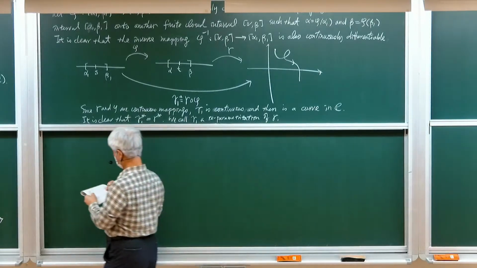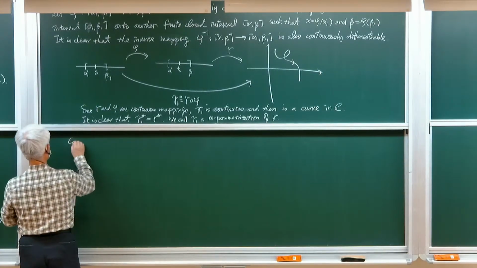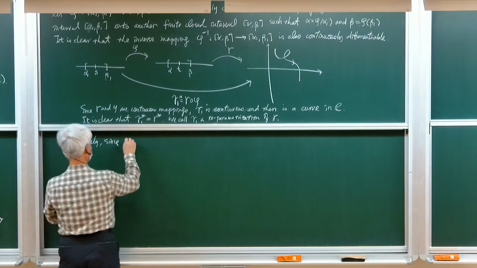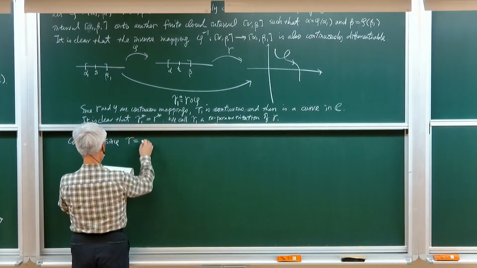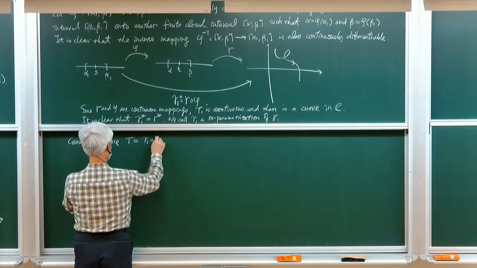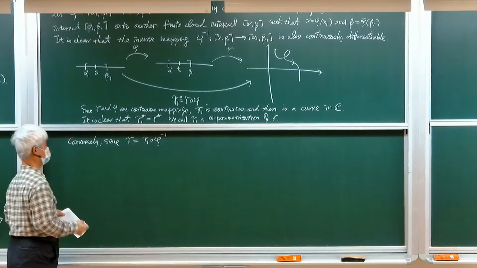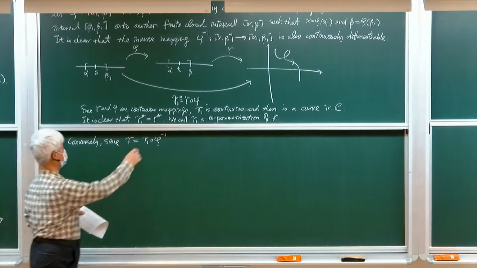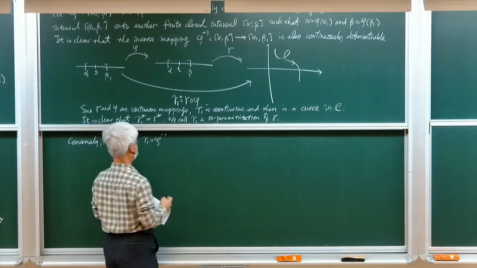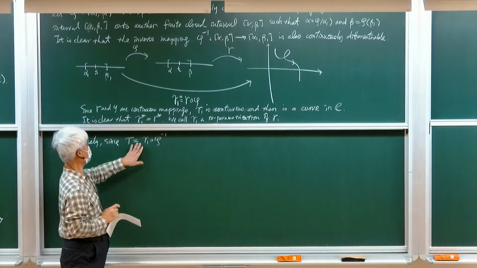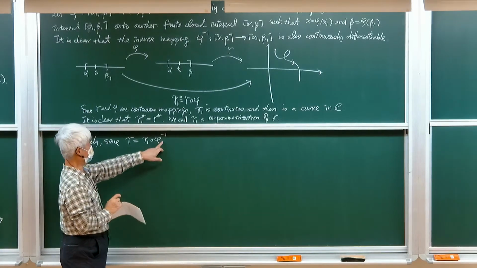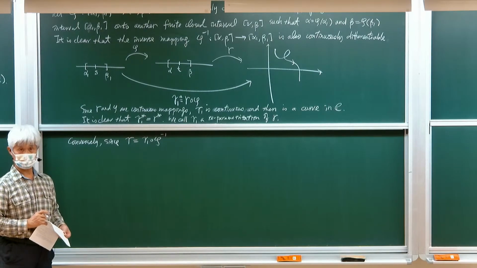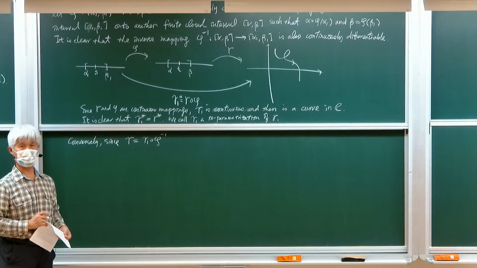Right. And conversely, since we can see that gamma actually is gamma 1 composed with the inverse. Okay, because when you compose with the inverse of phi, you will see that here. And we know the inverse mapping of phi is also continuously differentiable, 1-to-1 and onto mapping.